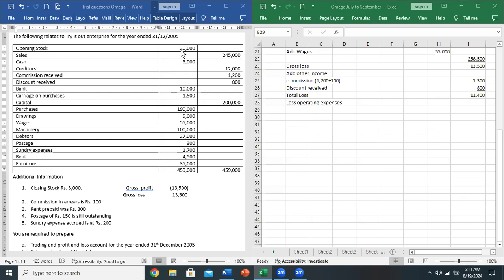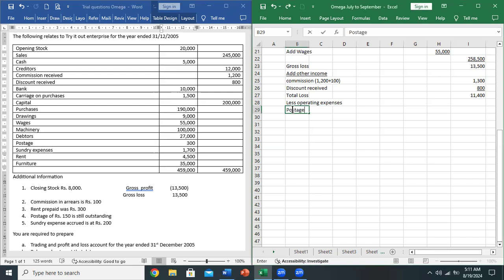This is opening stock, we don't need it. Cash, we don't need it. Bank, we don't need it. Carriage invoice, we don't need it in the profit and loss account. It is already used. Purchases, drawings, no. Wages, we've used. Machinery is an asset. Debtors is an asset. Postage. So the first one you see is postage.